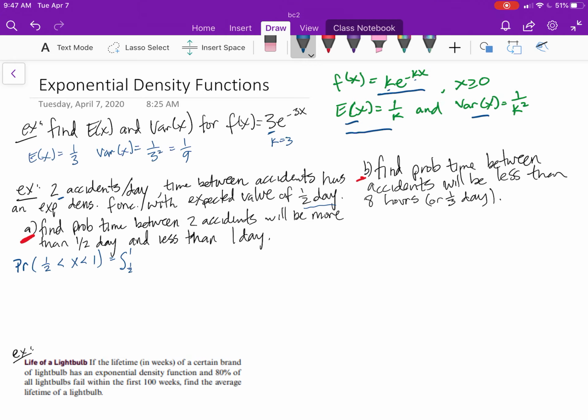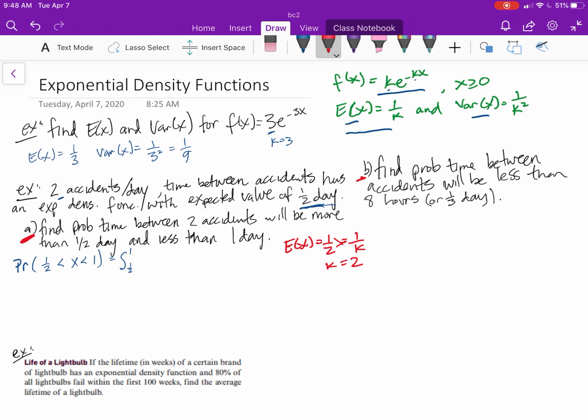All I know is the expected value is 1/2, right? So let's do a little bit of side work here. If the expected value is 1/2, and I know that the expected value formula is 1 over k, I can just look at that and tell you k is 2. But you can cross multiply. K times 1 equals 1 times 2, so k equals 2.